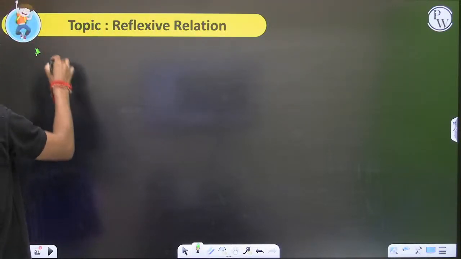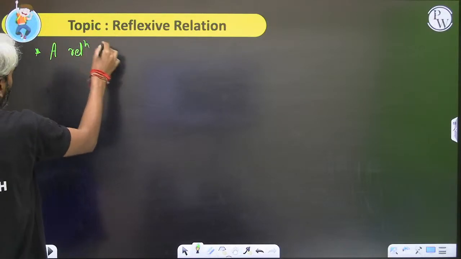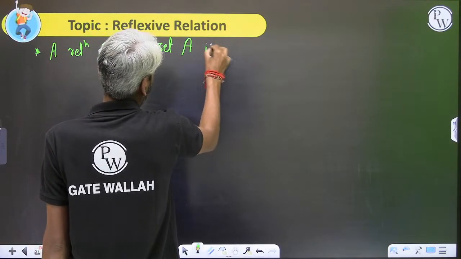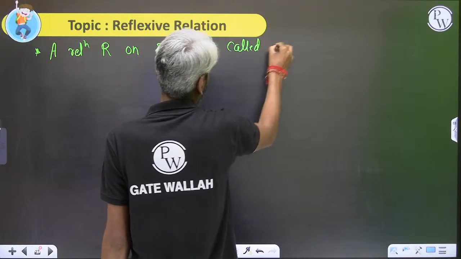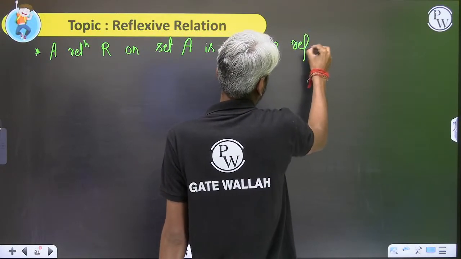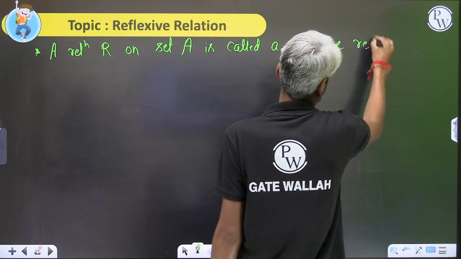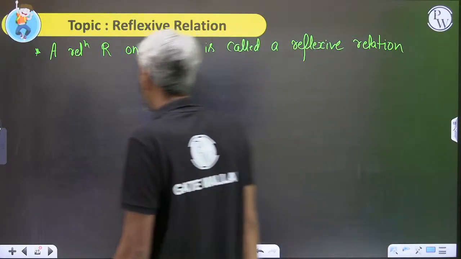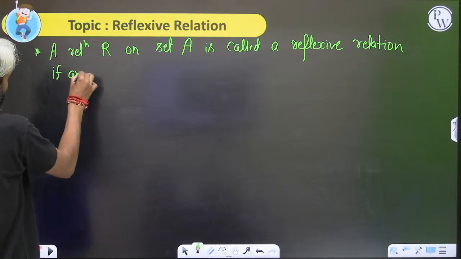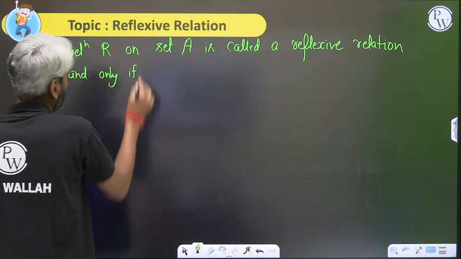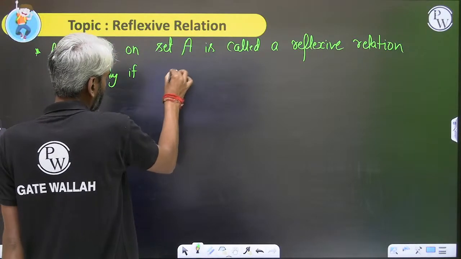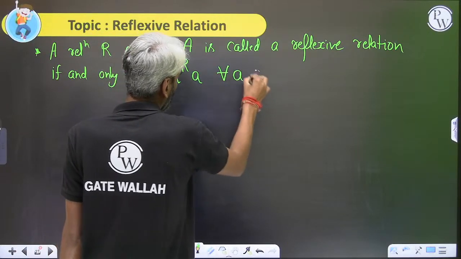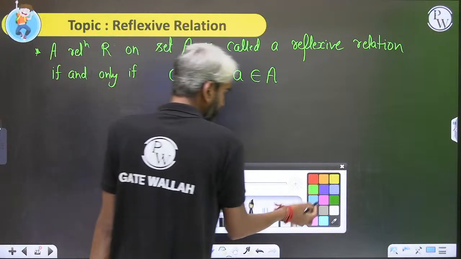A relation R on set A is called a reflexive relation if and only if a relates to a for all a belonging to set A. This notation is what you need to understand.